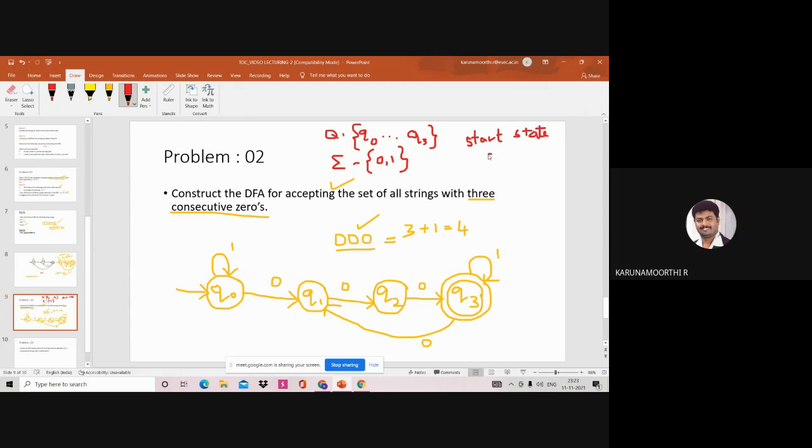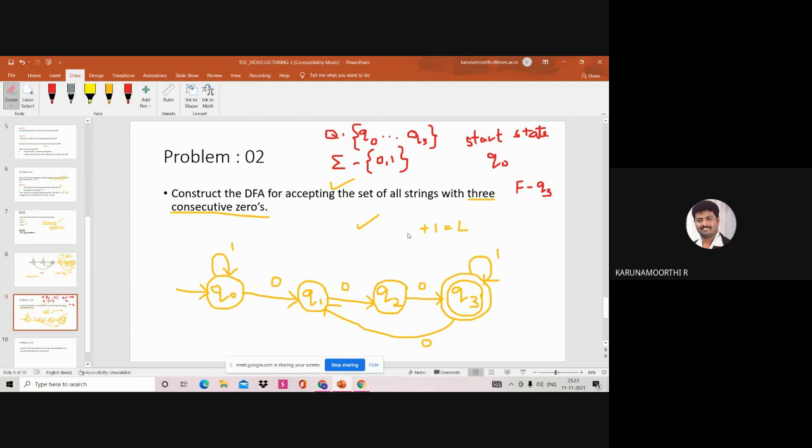So in this diagram, Q naught is my start state. What is the final state? Here only one final state, that is Q3. F is Q3. And importantly, we are not mentioning the transition, right? So transition, that is, if I am supposed to read a single input symbol, it reaches from one state to another state. That is important, whether that particular information is achieved by this automata or not, let us discuss. Okay, so how are we going to consider the transition here?